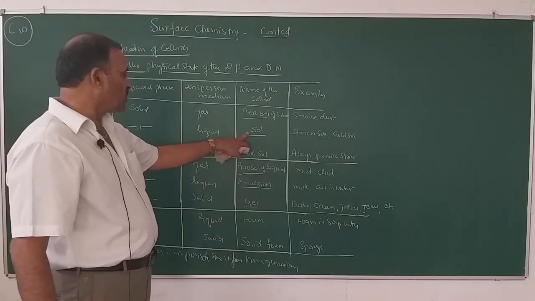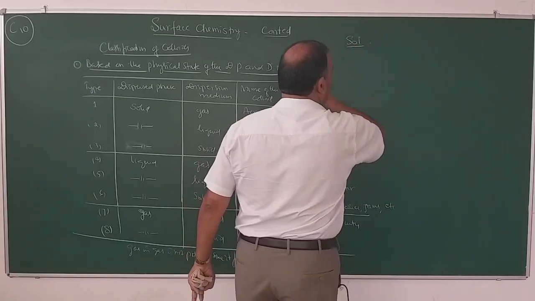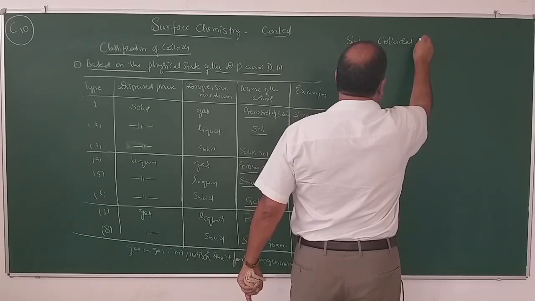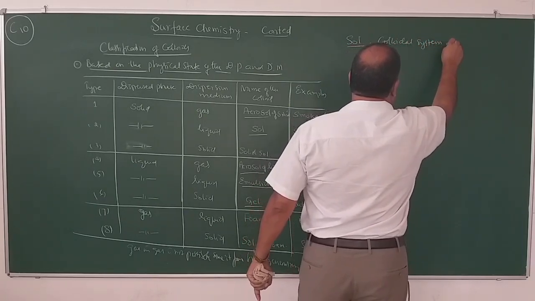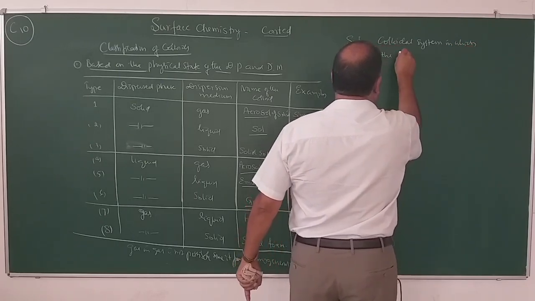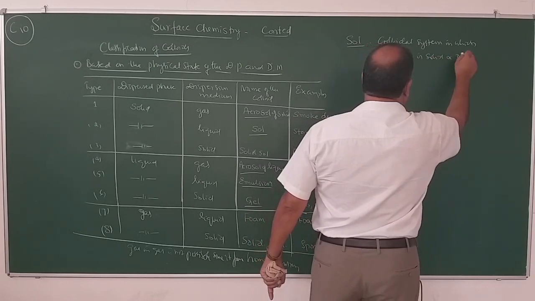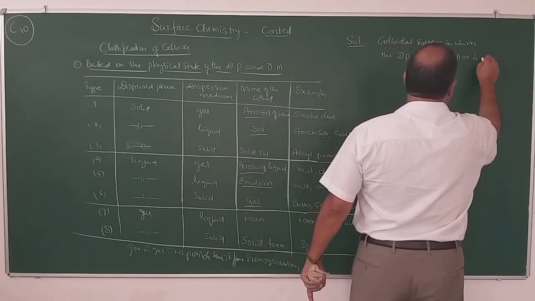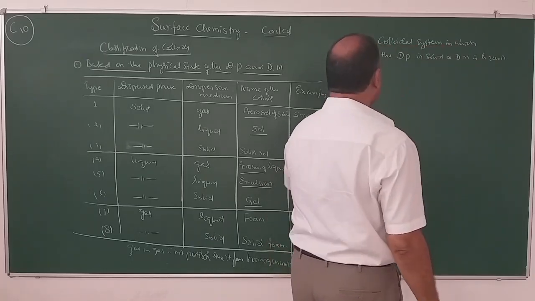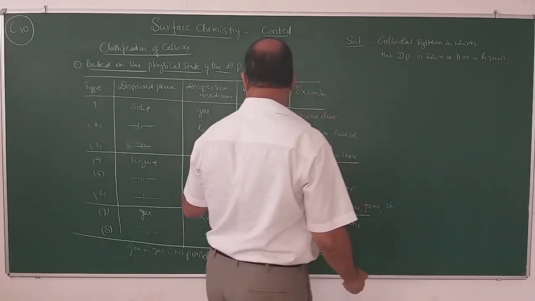Now, what is the definition of a sol? It is a colloidal system in which the dispersed phase is solid and dispersion medium is liquid.